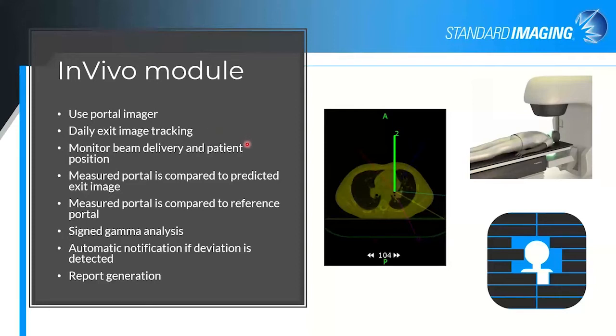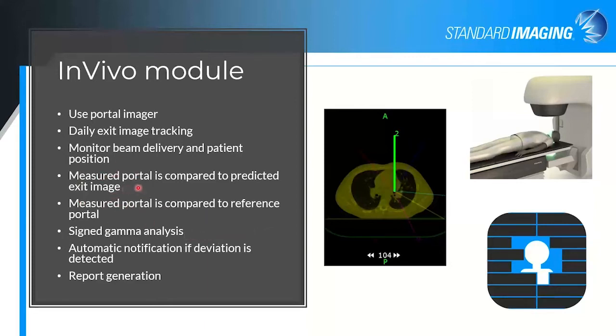So this monitors the beam delivery as well as the patient position. The measured portal image is compared to the predicted exit image. So we have a predicted exit image. And then we also can compare the measured portal to a reference portal image. And typically this reference is fraction 1, but the user can select any fraction desired.